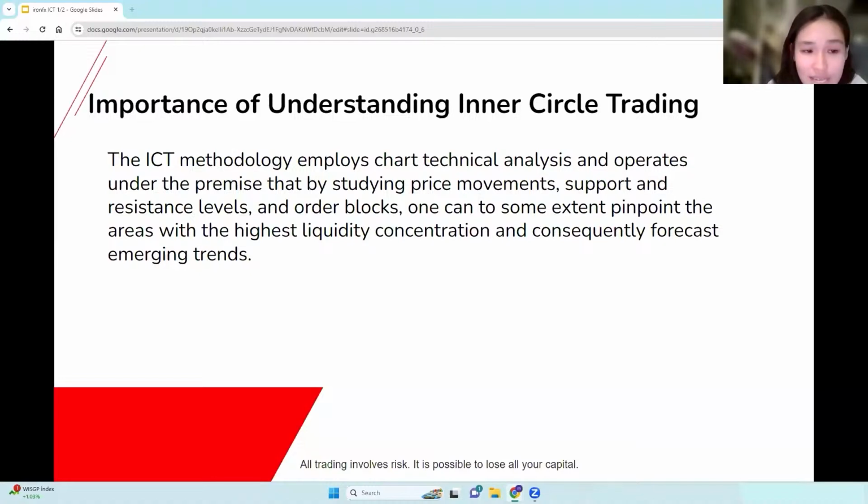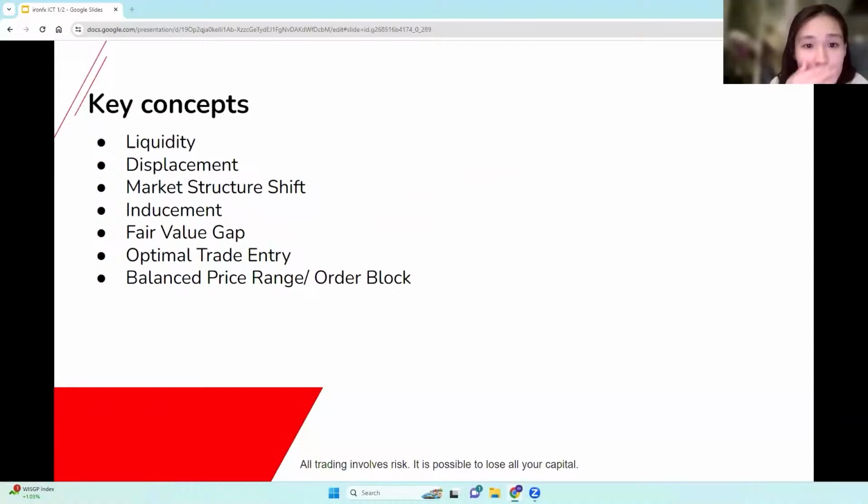So what exactly is it? It basically employs chart technical analysis and operates under the premise that by studying price movements, support and resistance levels, and order blocks, one can to some extent pinpoint the areas with the highest liquidity concentration and consequently forecast emerging trends.